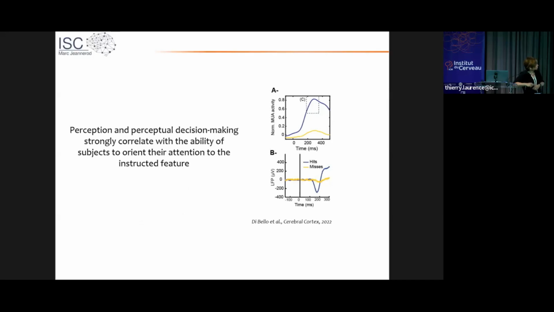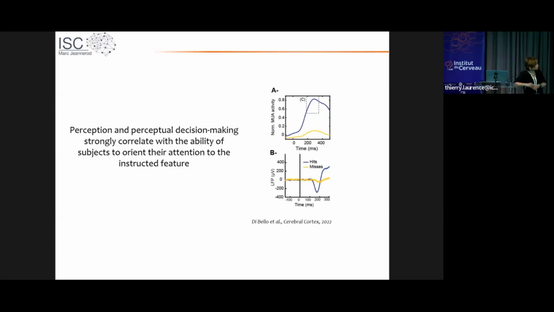So there is a wide range of literature that suggests that perception and perceptual decision-making strongly correlates with the ability of subjects to orient their attention to the instructed feature. And what we observe at the neuronal level is this type of responses in the multi-unit activities or the local field potentials, such that when a target has been selected by attention and perceived by the subject, you get a strong response modulation.